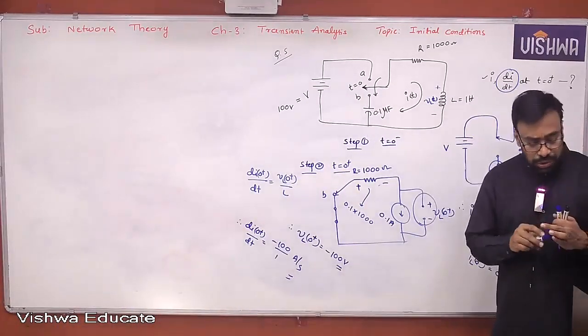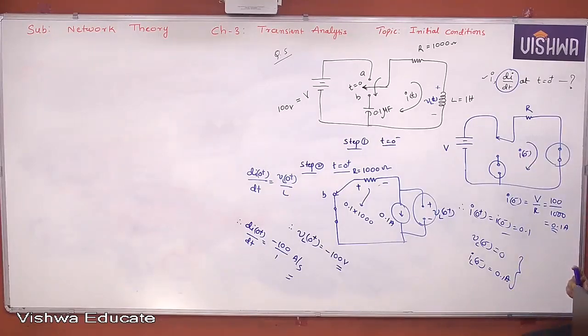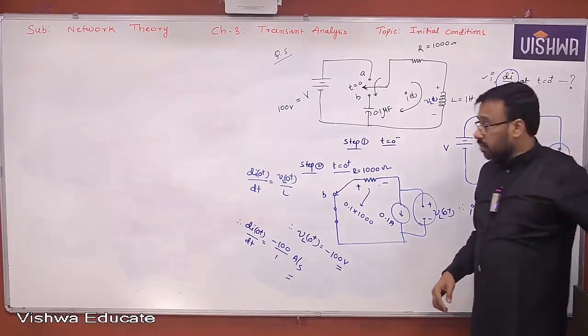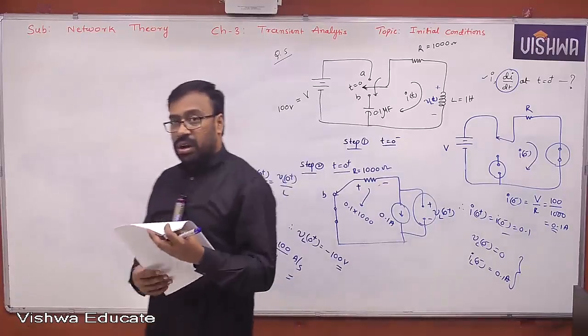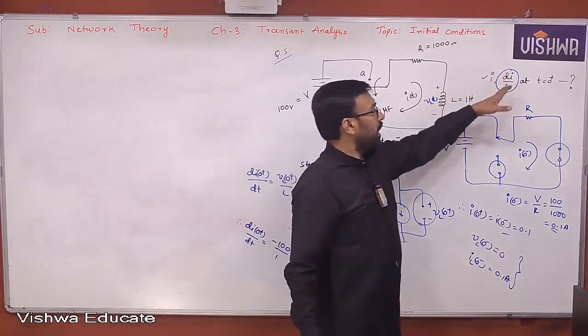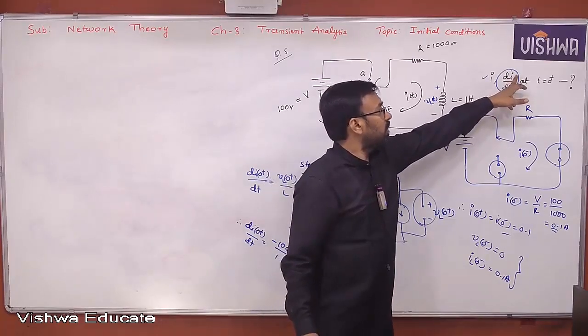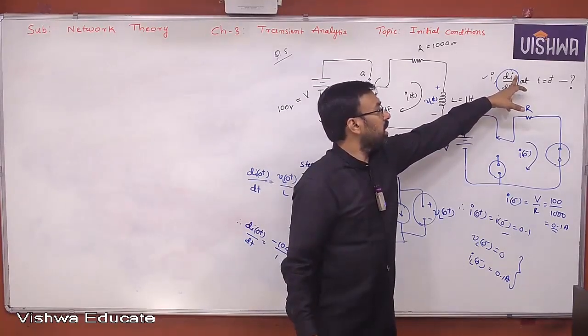This is how you are supposed to do the problems, okay? This is a very, very important observation: the first order derivative terms. Never go for step 3, but also practice the problems using step 3 because we do not know. Okay? So I think all of you understand this problem, right? It's very clear. When a first order derivative term like di by dt is asked, check once whether this I is the current through the inductor or not.